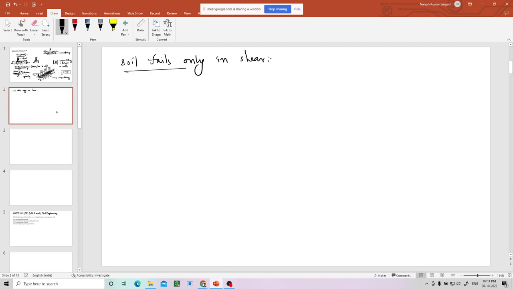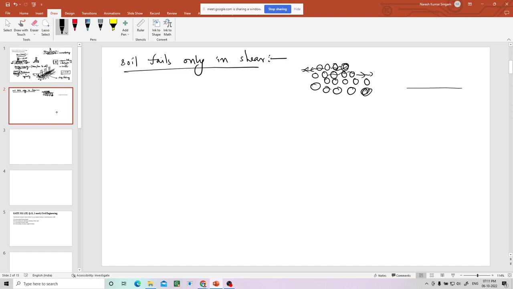I already told in the previous classes, this shear will happen due to the sliding of the soil particles one over another. Some soil particles move in this direction, some move in this direction. Because of the failure in shear, the total soil will fail.